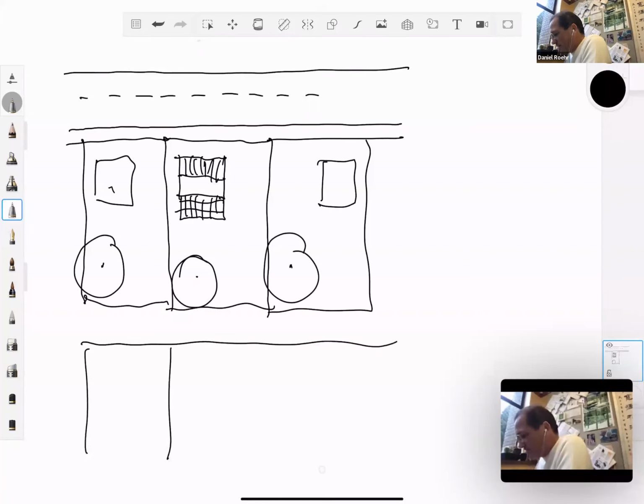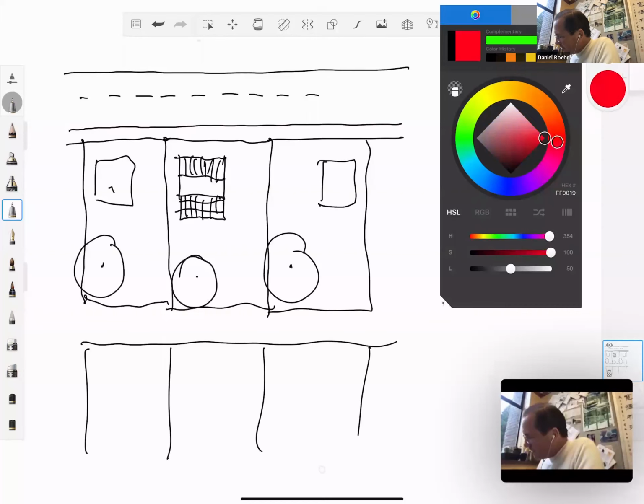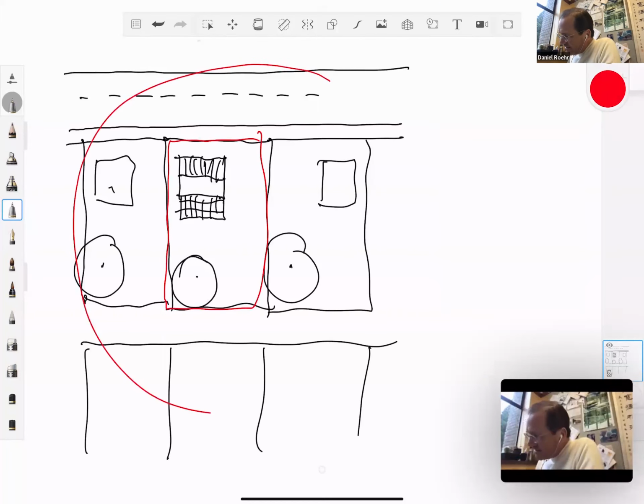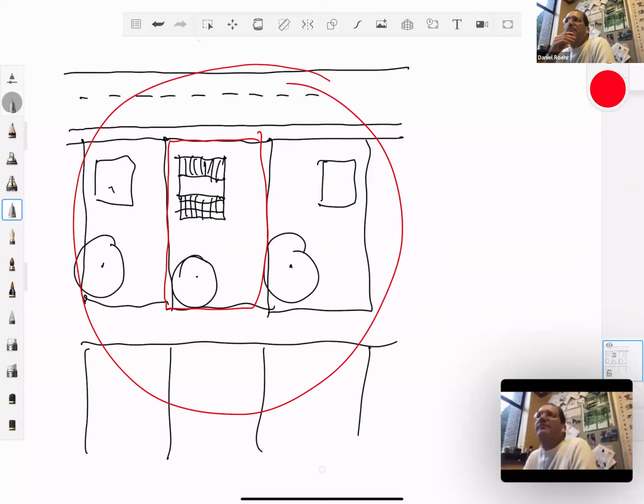There's more. So the most important thing is, there is no design yet, I'm going to do it in red, for the site. You always have to include the surrounding area, always. And this is very different in architecture, which is very defined by the legal boundary of the building.